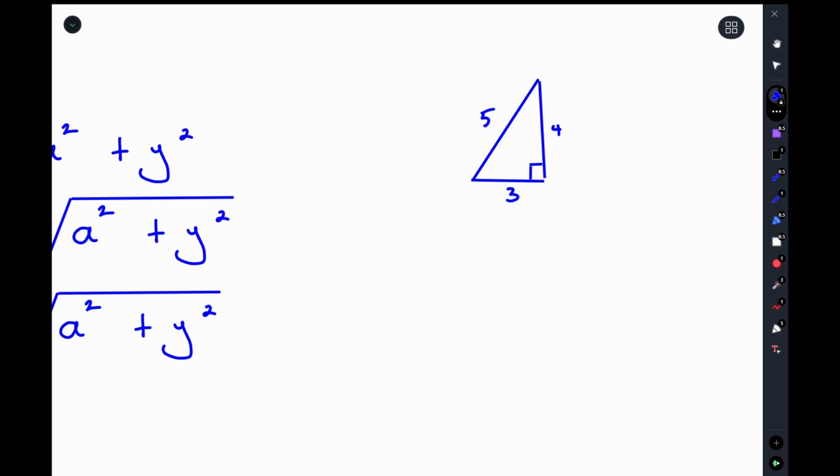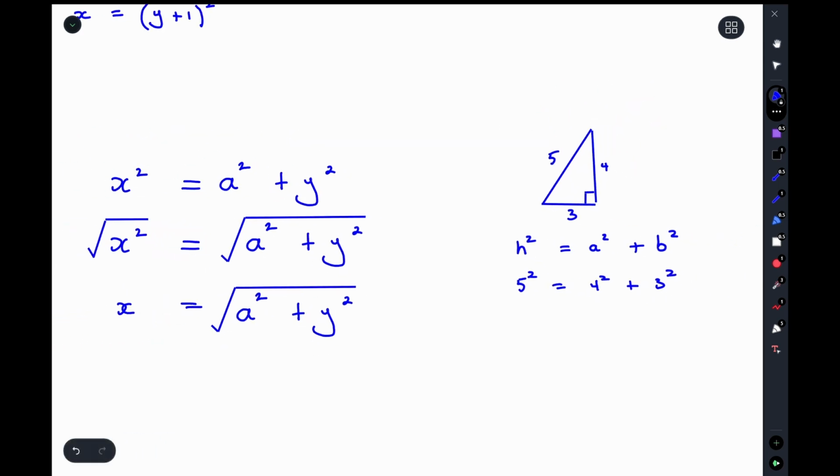So let's look at it now. We have this right angle triangle where the hypotenuse is 5 and the other two sides are 4 and 3 respectively. So by Pythagoras' theorem, the hypotenuse squared is the sum of the squares of the other two sides, which means 5 squared is equal to 4 squared plus 3 squared. Now, according to this formula, h is equal to the square root of a squared plus b squared.